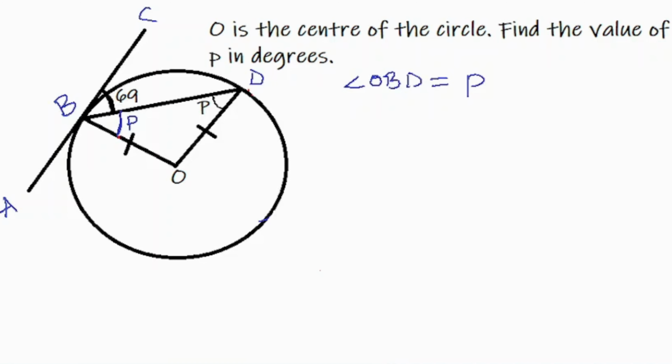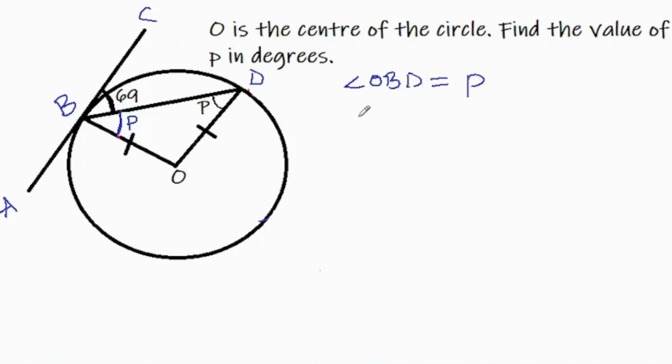If you look at it, OB is a radius, that's very obvious, and AC is a tangent meeting the circle at B. So since OB is perpendicular to line AC, we say angle OBC is actually 90 degrees.